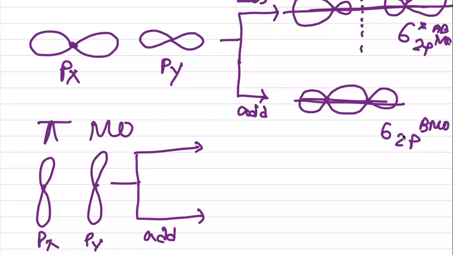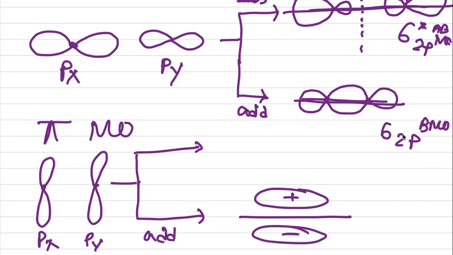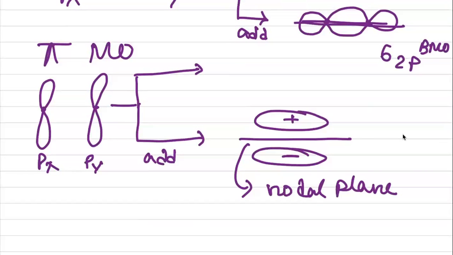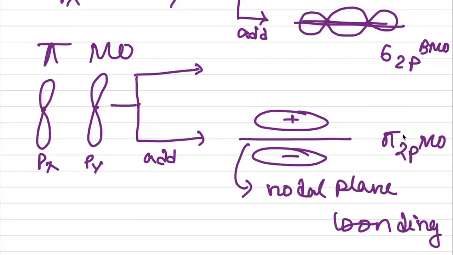When addition takes place, this will be the nodal plane. Understood or not? It is pi 2p MO, the bonding MO. Clear or not?